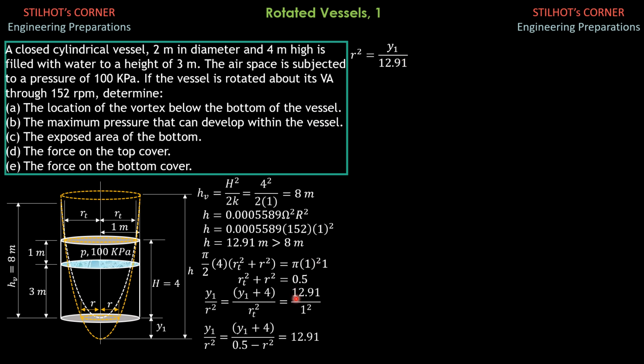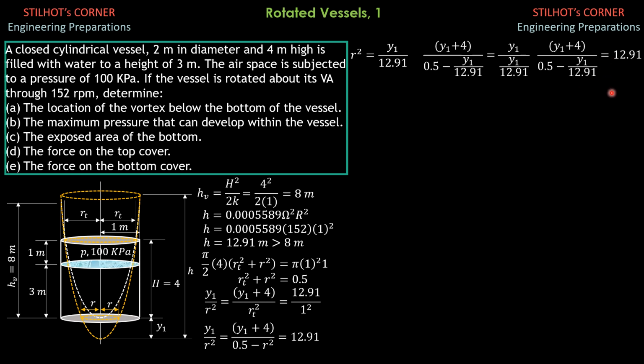Then we substitute back into this equation: y1 plus 4 over 0.5 minus y1 over 12.91 equals 12.91.